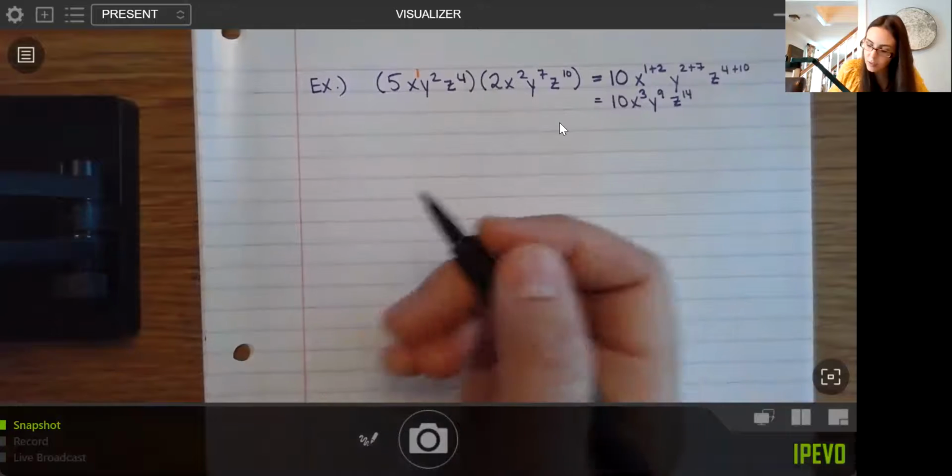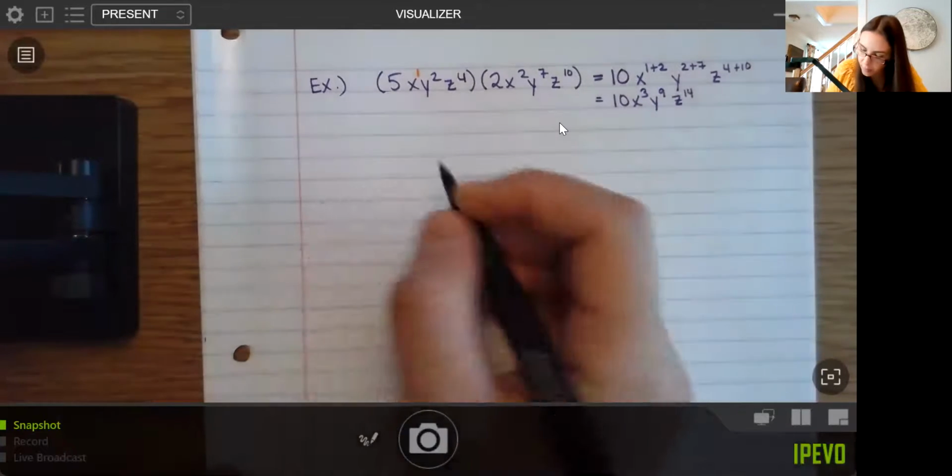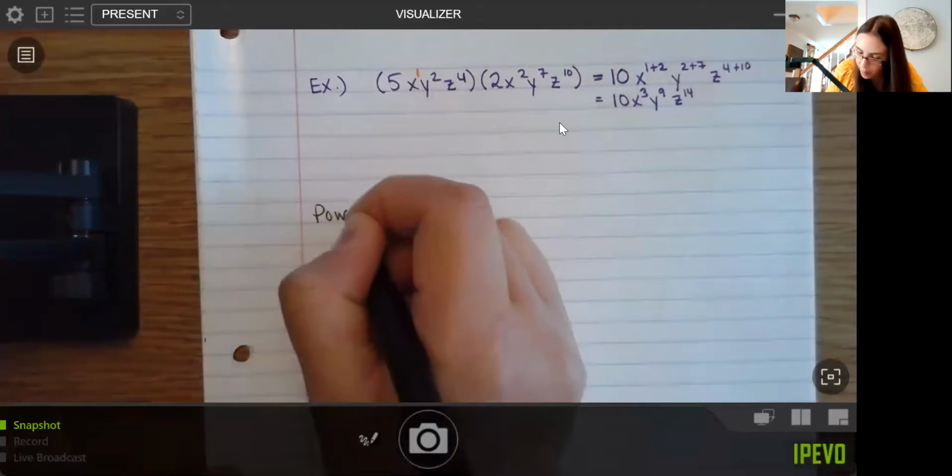So next, we're going to look at the power rule or power property.